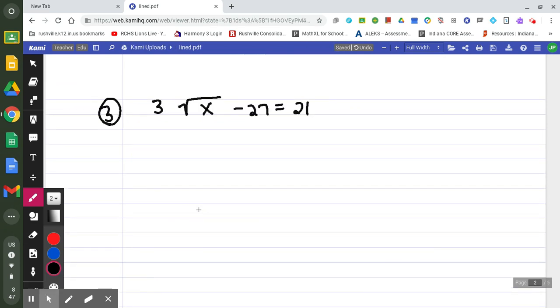So on number 3, I have 3 times the square root of x, and then the minus 27 is not under the radical, equals 21. So I need to get this radical completely by itself. If it were just a variable, I would undo that minus 27, so plus 27.